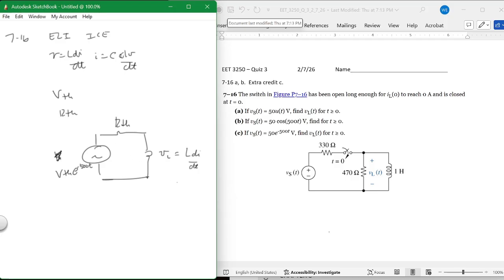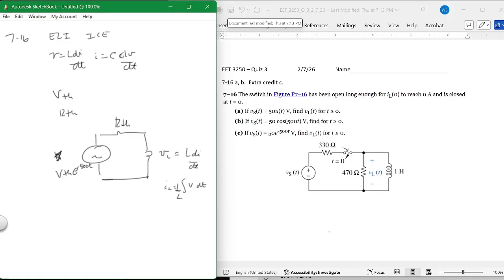If you knew I through the L, what is I equal to? Integral of V, 1 over L integral V dt, right? Which would be V Thevenin e to the minus 500 t. If you knew I sub L, then the voltage through the inductor would be this minus the voltage across here.